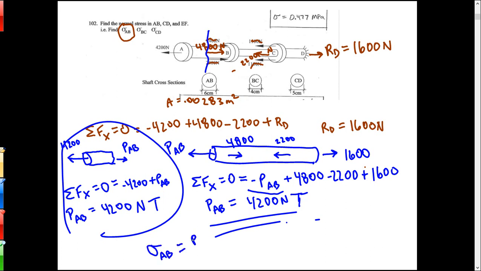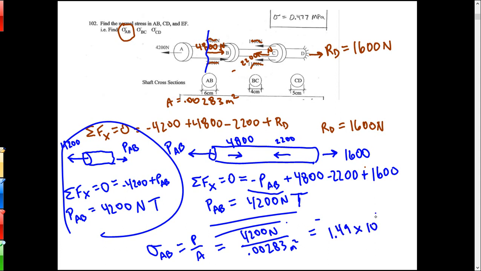This is P over A. So that would be 4,200 newtons divided by the area, 0.00283 meters squared. And that comes out to be 1.49 times 10 to the 6.